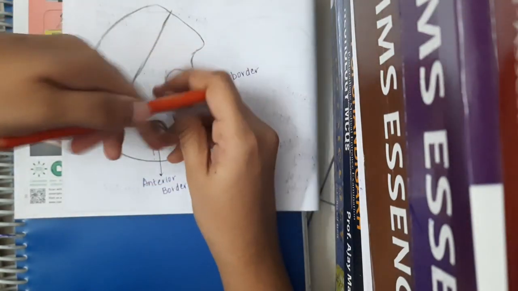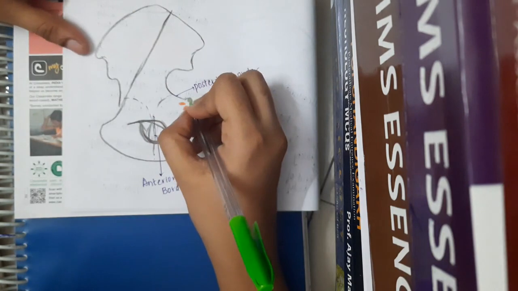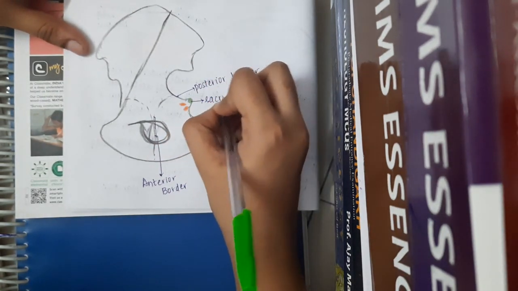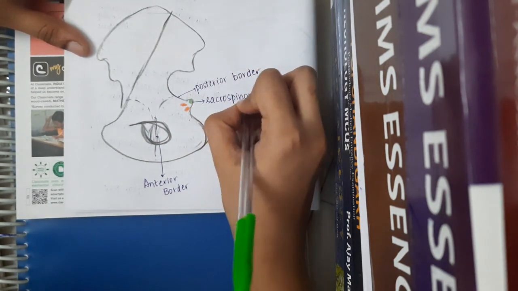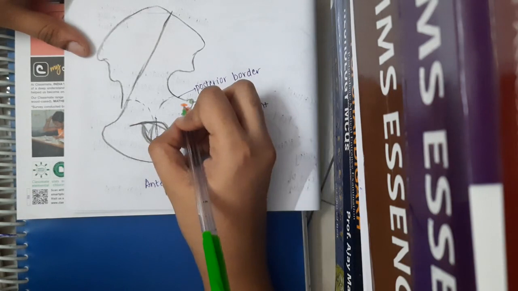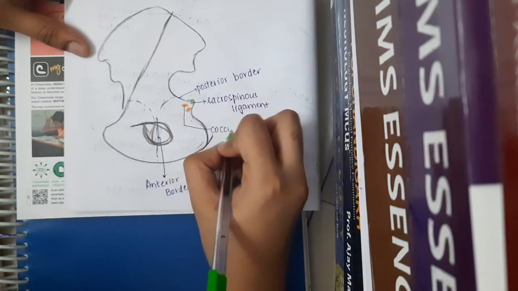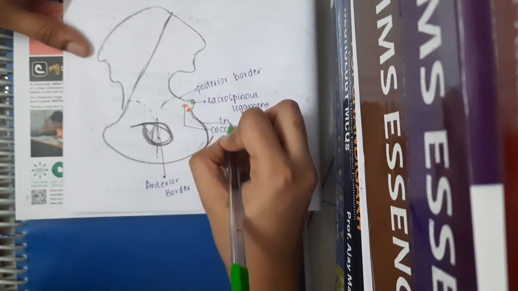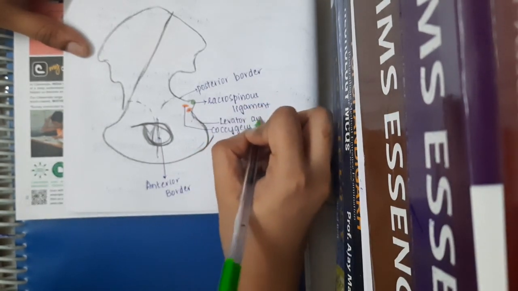What is the ligament it gives attachment to? It gives attachment to the sacrospinous ligament. And you have two muscle origins: the coccygeus muscle originates here, and one more muscle, levator ani, originates here.